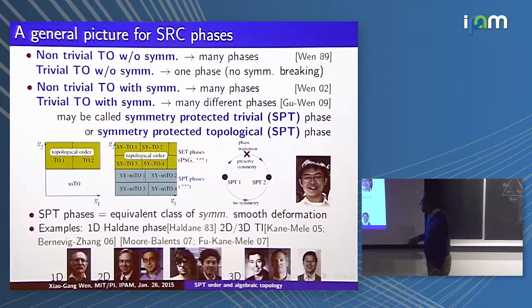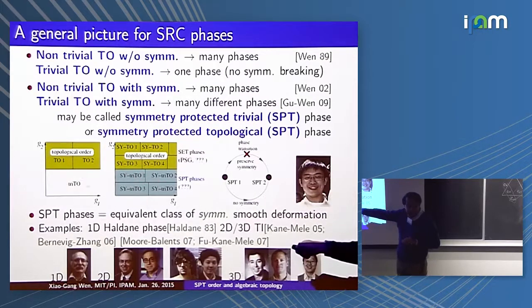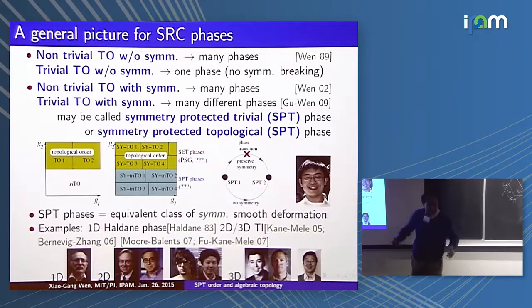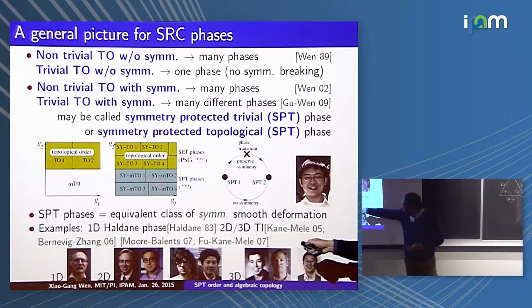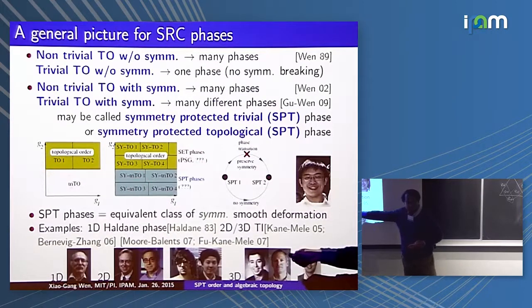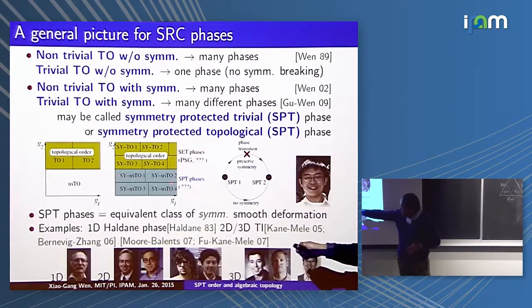If you remove the symmetry, then all these phases become the same trivial phase. If you allow the deformation to break the symmetry, then they can all be connected to this trivial phase. However, if the deformation must satisfy the symmetry, then you'll find there are different classes here.